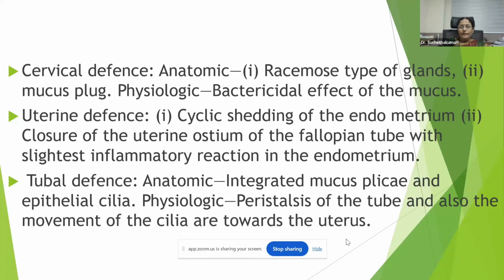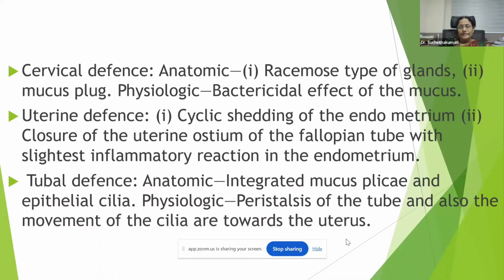Next is the tubal defense. Anatomically, we can see that the integrated mucosal plicae and the epithelial cilia are present, and physiologically there is peristalsis of the tube and also the movement of the cilia towards the uterus.